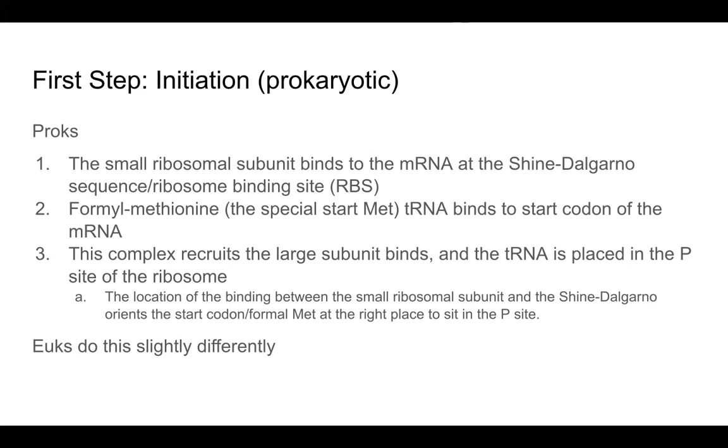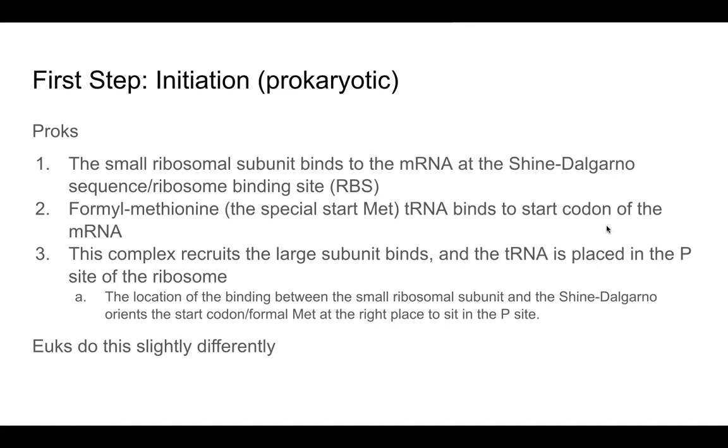Basically, instead of it being, actually, Kira, do you want to say like 2 cents about that? Eukaryotes do initiate translation a little bit differently. I'm pretty sure that the small subunit binds at the first methionine, and then the large subunit comes in.